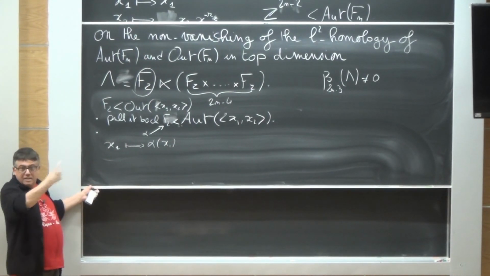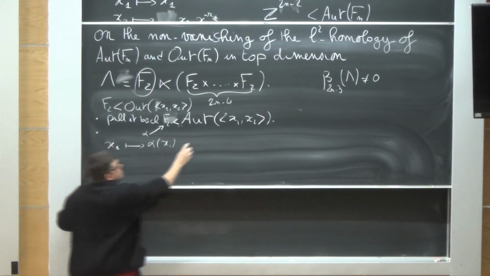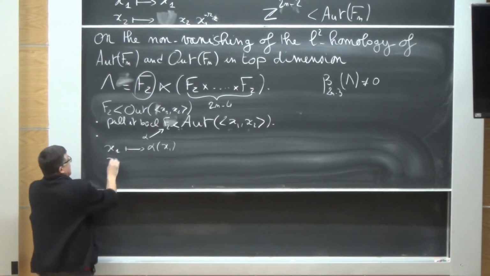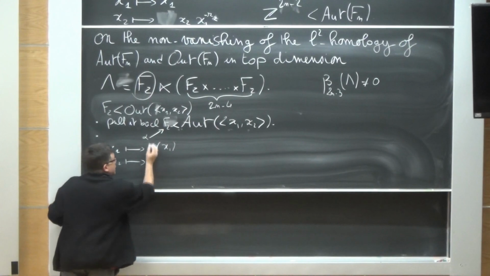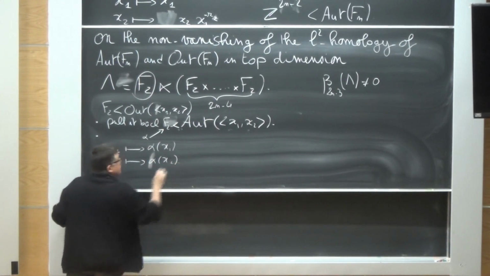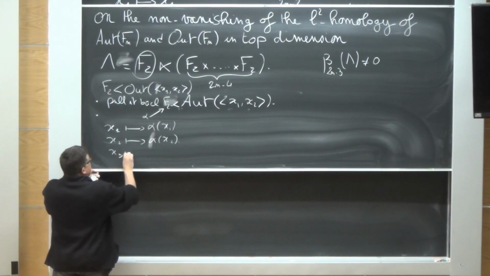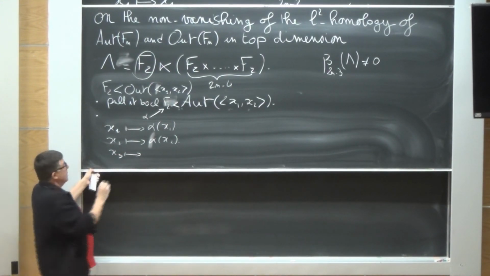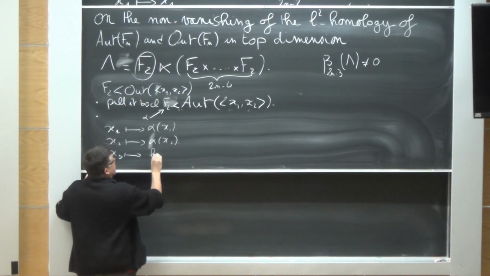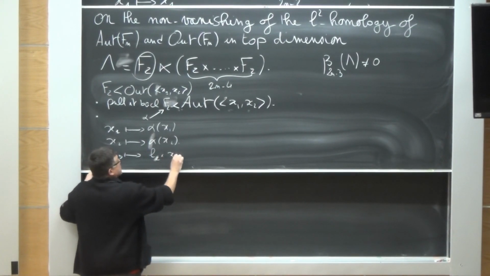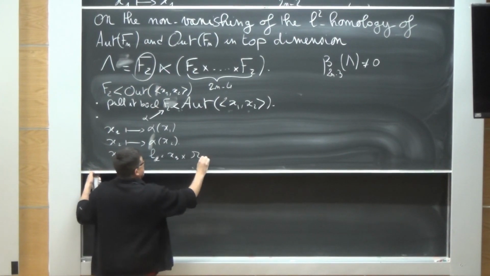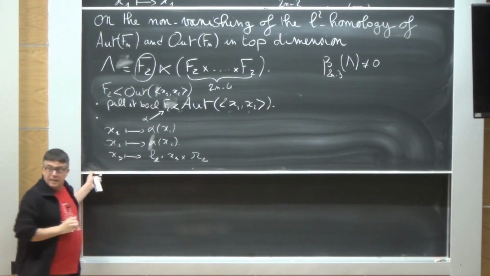The automorphism acts on the group generated by x1, x2. x2 is sent to alpha x2. Okay? And then x3 is sent to some element l2 times x3 times r2.